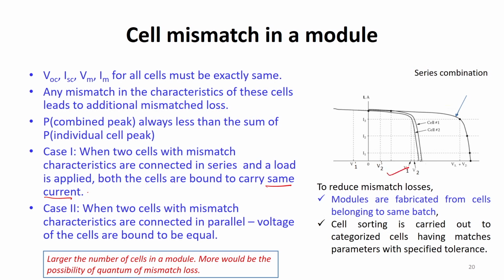So, these phenomena are shown in this plot, like two cells connected in series, then what will happen to the voltage sense. And how to reduce the mismatch losses? Modules are fabricated from the cells belonging to the same batch and cell sorting is to be carried out to categorize cells having matched parameters with specified tolerances.